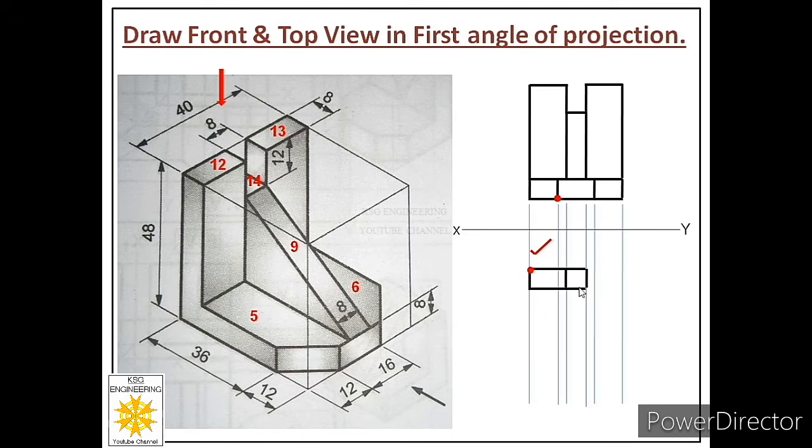It means from this point I can start the drawing of face 13. So how much we have to move towards right? It is 16. So from this point we will draw a thick line of 16 millimeters. Then we have to draw the width of face 13, that is 8 millimeters. So from this point draw 8 millimeters. Then connect these 2 points with a length of 16 millimeters. Now you can see we are ready with the drawing of face 13 as well.